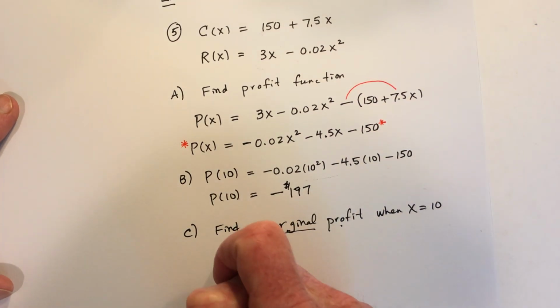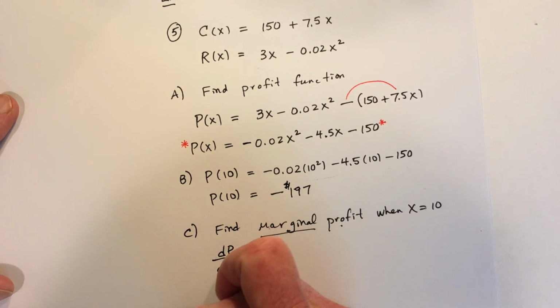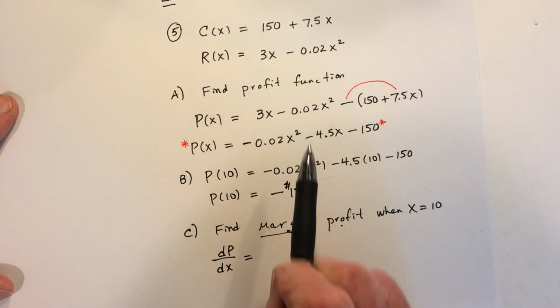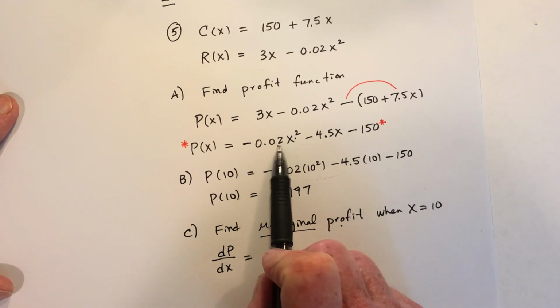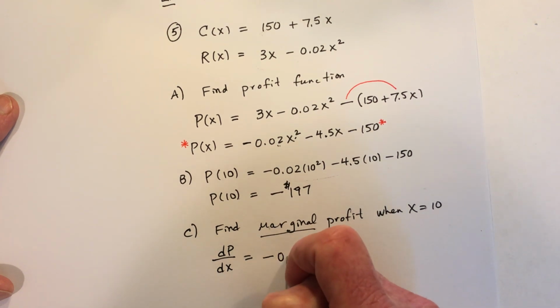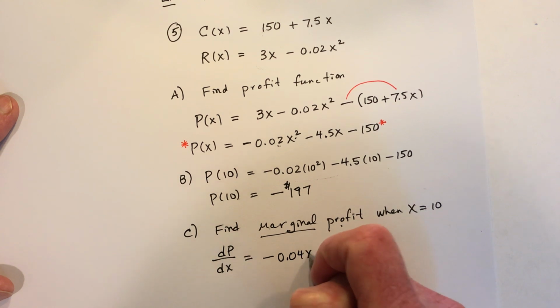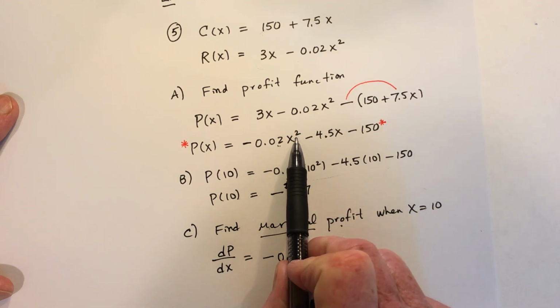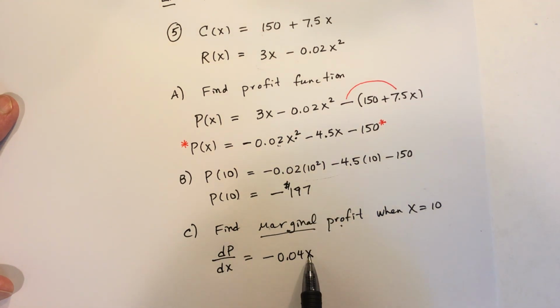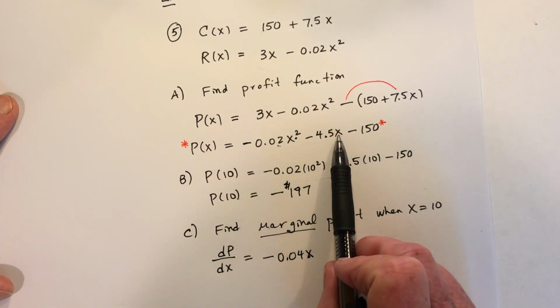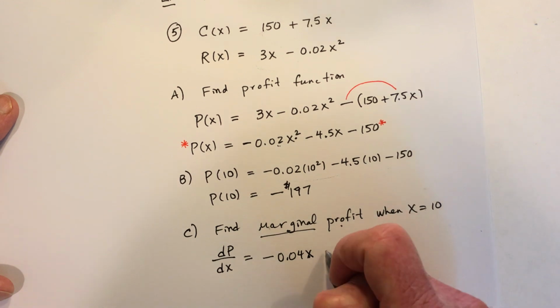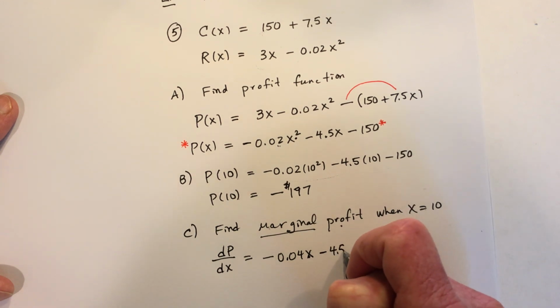So the derivative of p with respect to x equals, so with this one, the 2 goes in front and multiplies, so that's going to make this a 4. So negative 0.04, and then subtract 1 from the exponent, so now it's just an x. And then when it's a number times x, the derivative of x is a 1, so that means we get negative 4.5.